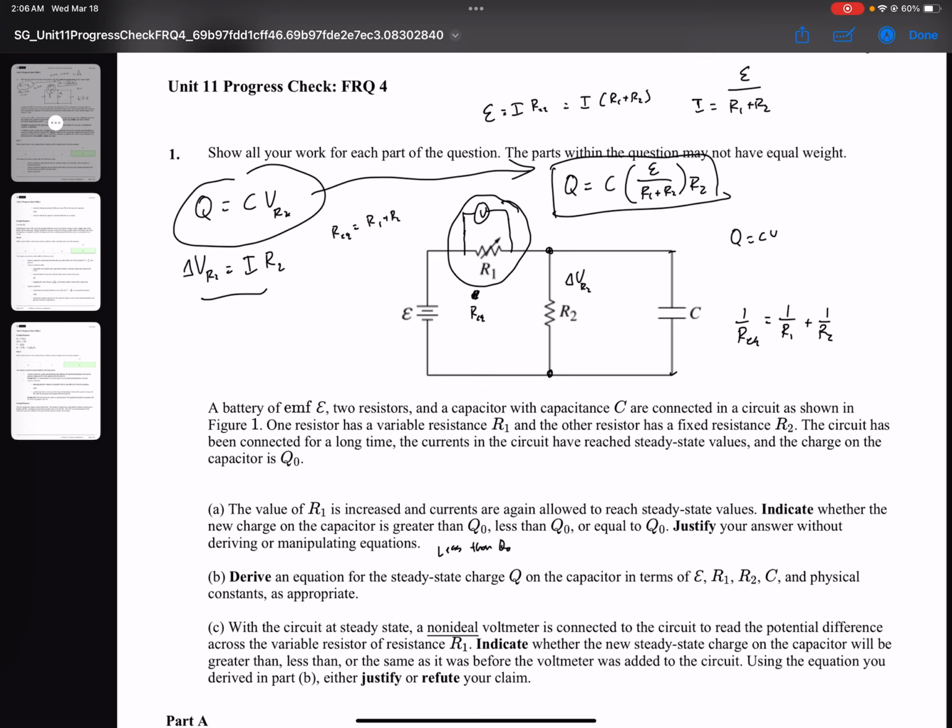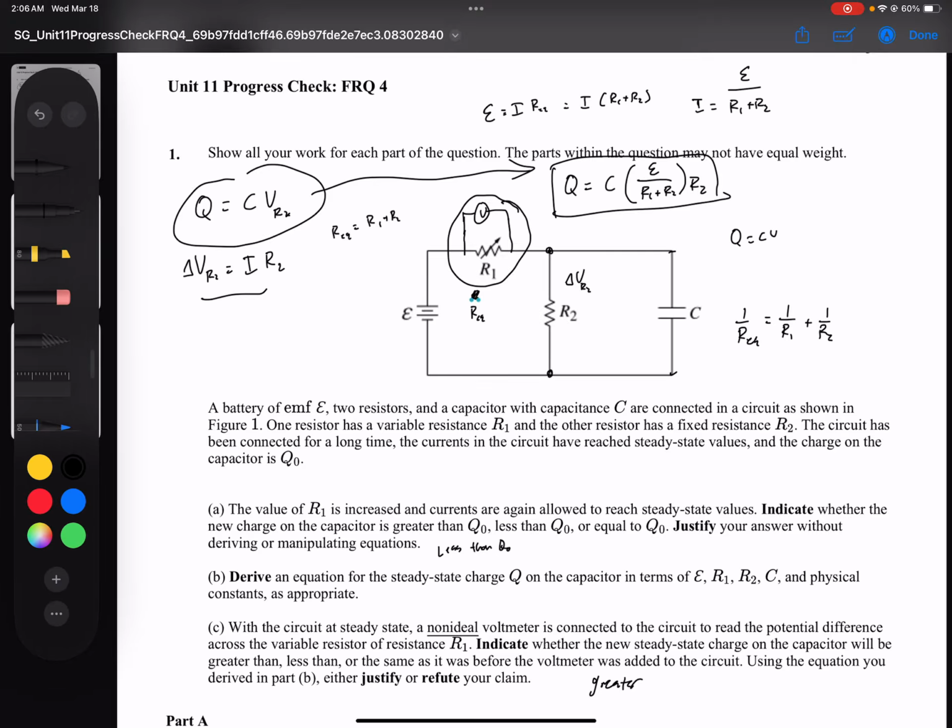So it's asking whether the new steady state charge will be greater than, less than, or the same as it was before the voltmeter was added. And the answer is going to be greater than, because of this similar line of reasoning. The potential drop across resistor R1 is going to decrease. And if the potential drop across resistor R1 decreases, then the potential drop across resistor R2 has to increase, because the voltage drop across the whole circuit is the EMF of the battery.